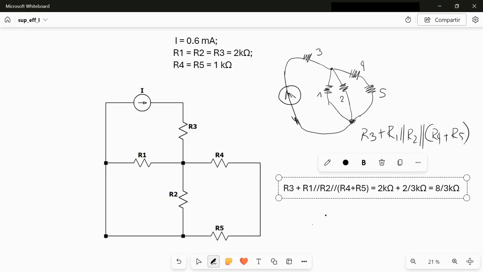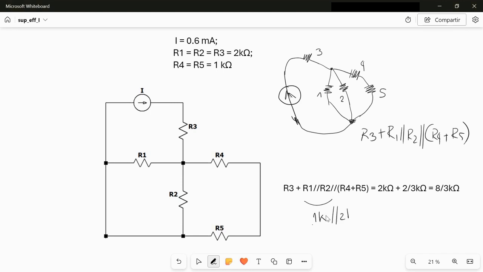If we think about it a little bit, we will have 2 kilo, 2 kilo, and 2 kilo. So this is 2 divided by 3. Why? Because 2 kilo and 2 kilo is 1 kilo, and the parallel of 1 kilo with 2 kilo is 2 divided by 3 kilo. Anyway, you can do the calculation slowly with this data, and you will find out that the solution is 8 divided by 3 kilo. So we have now the resistance seen by the current source.